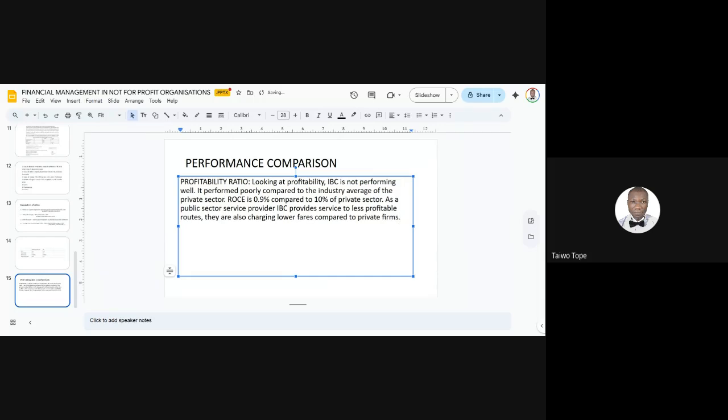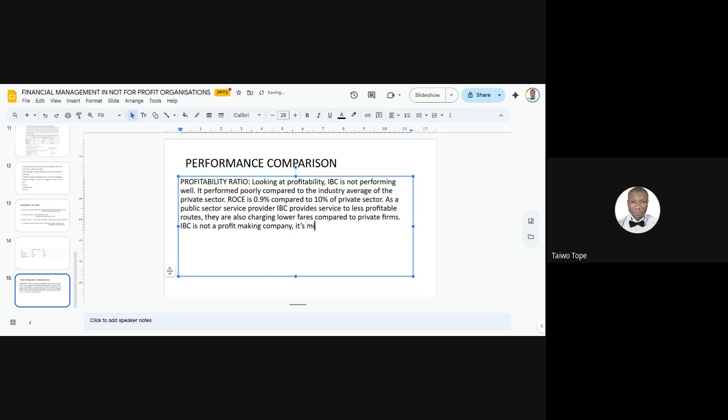Even having stated most of these drawbacks, you can still go ahead to talk about one advantage. You can state that IBC is not a profit making company. So you state its mission.